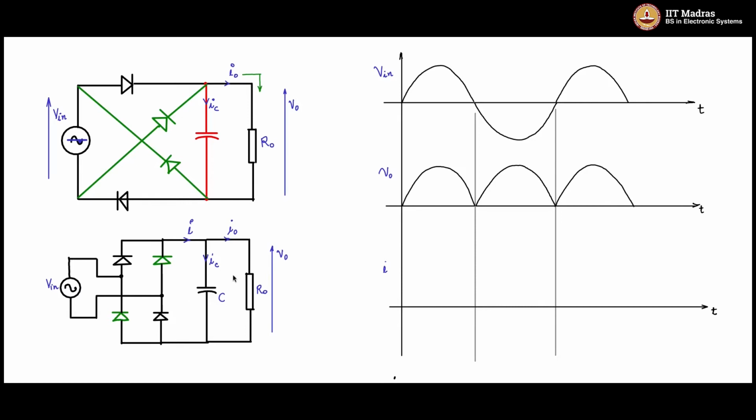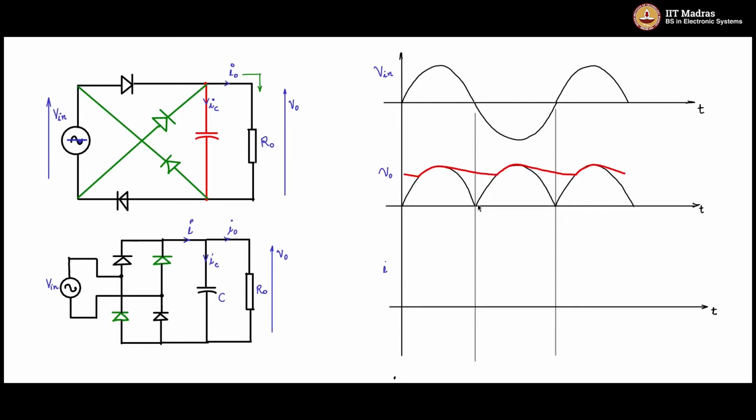If the capacitor was not there, this would be the wave shape of the output. And now that the capacitor is present, it will filter, and the wave shape will be something like that under steady state conditions. You will see that the capacitor follows the input here, and then the capacitor discharges on its own depending upon the load time constant.